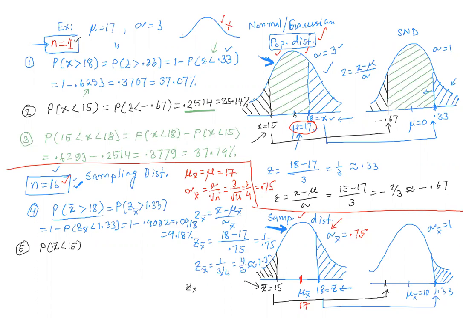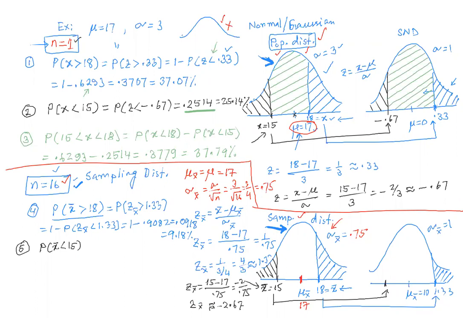z sub x bar is equal to x bar minus mu, divided by the standard error. So 15 minus 17, divided by 0.75, which is negative 2 over 0.75, which comes out to z sub x bar equal to negative 2.67, roughly.